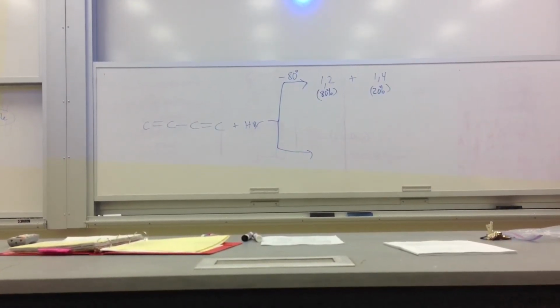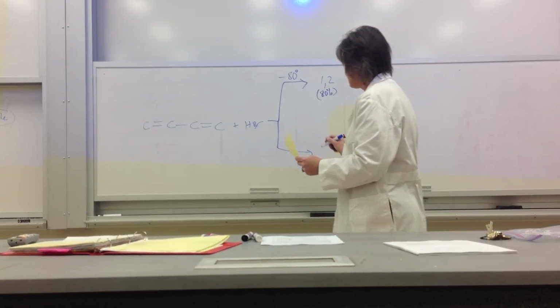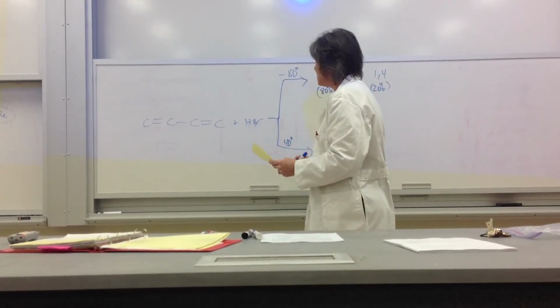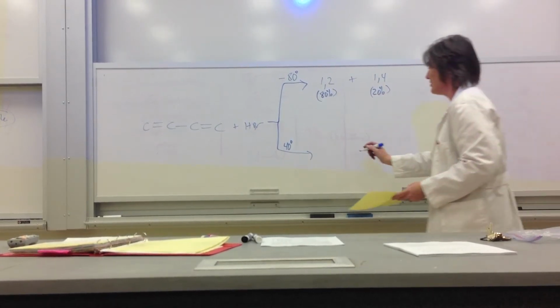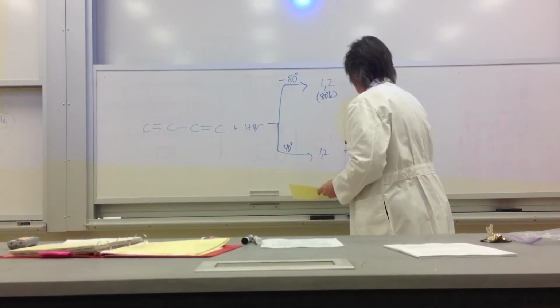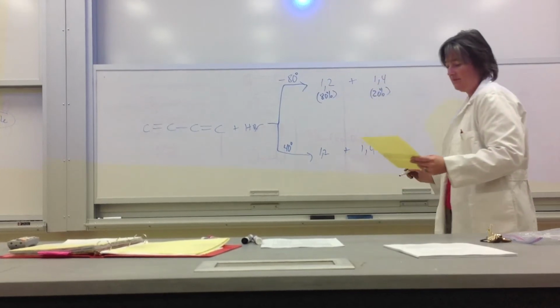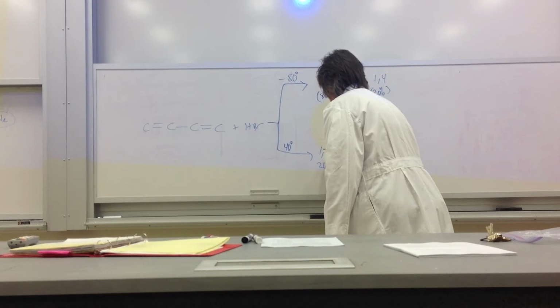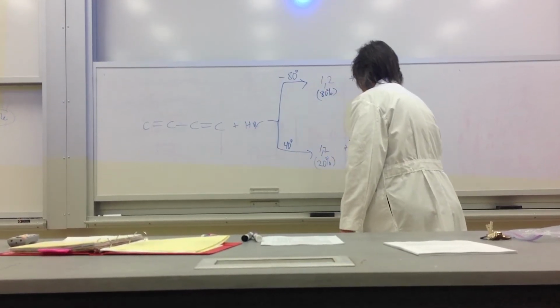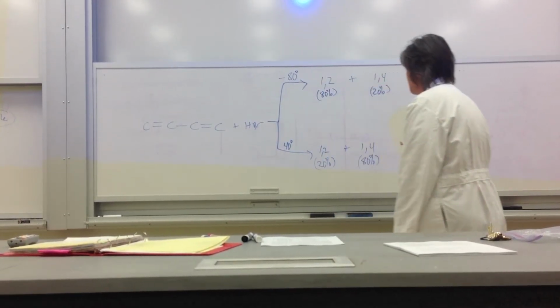When I do it warm, let's go to 40 degrees. It's not like boiling hot, just slightly warm. I get 1,2 and I get 1,4. The ratios flip. I get 20% 1,2, 80% 1,4.